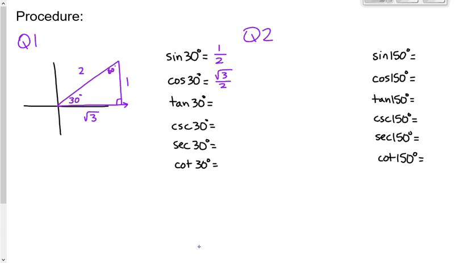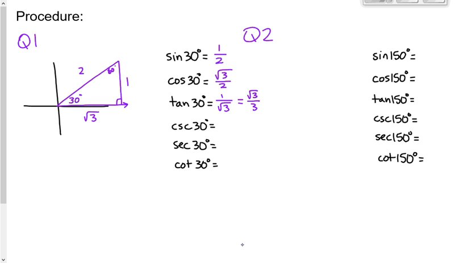We know that tangent is opposite over adjacent, so that would be 1 over square root 3. And that needs to be rationalized. So if you multiply the top and the bottom by square root 3, you get square root 3 over 3. Cosecant is the reciprocal of sine.